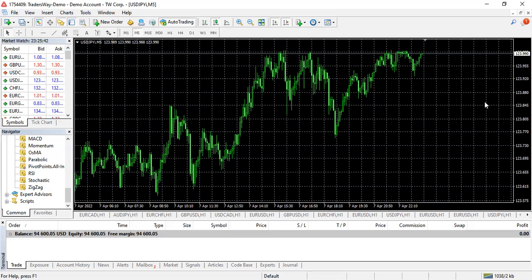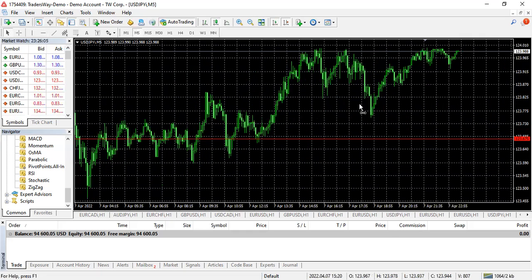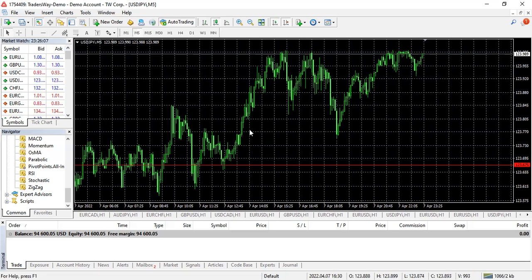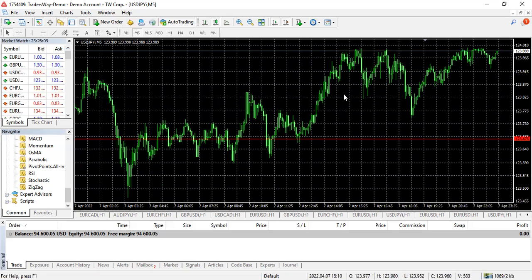So as a swinger as well, they enter trade at swing high and close trade at swing low. Let's assume I want to enter my trade at this point, and I'm targeting something here. Let me use another example. So I want to go for a buy.